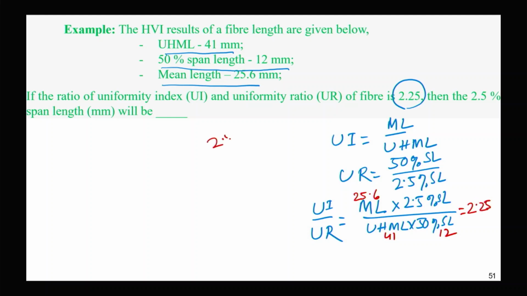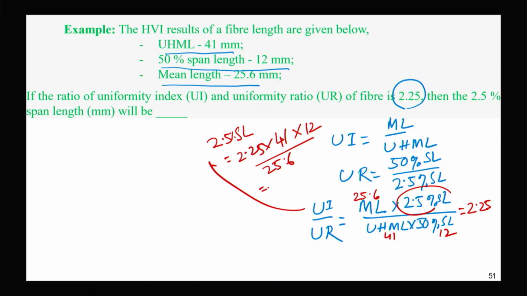So the 2.5% span length, which is required, equals 2.25 multiplied by 41 multiplied by 12 divided by 25.6. Sorry, 43.2 is the answer. So the 2.5% span length is 43.2.